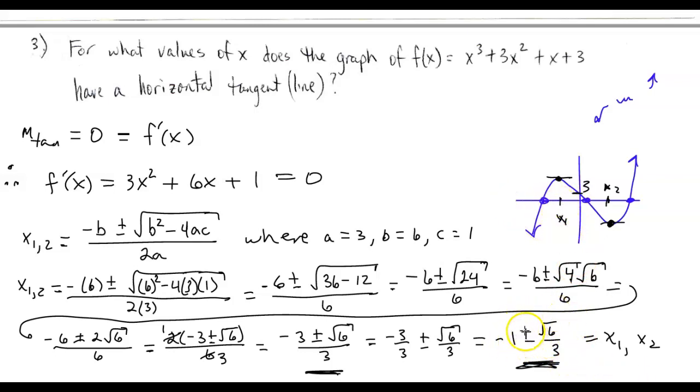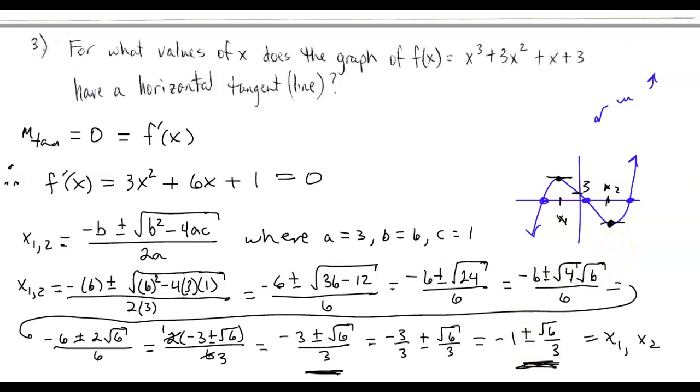And the -1 plus square root of 6 over 3, if that ends up being positive, and it should be, then it will be the one that's over here. And so what we found are the x value locations where the graph of this function has a peak or a dip in its graph.